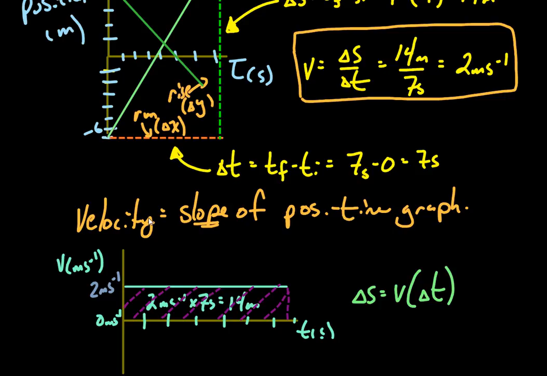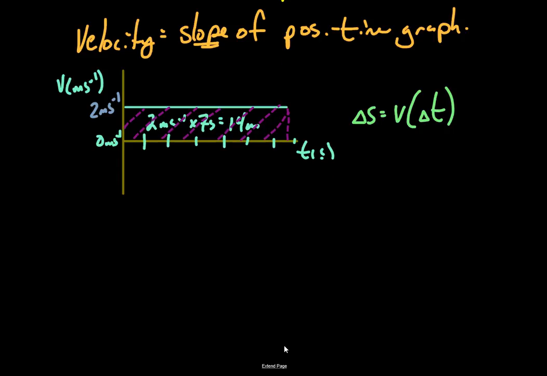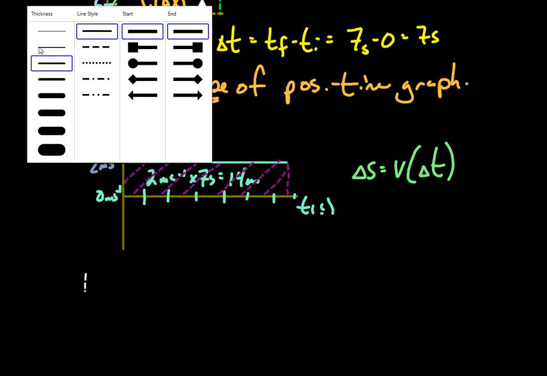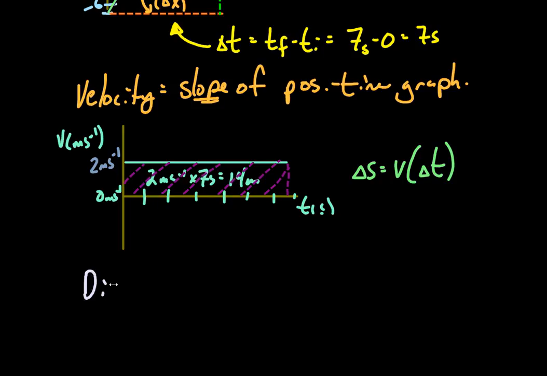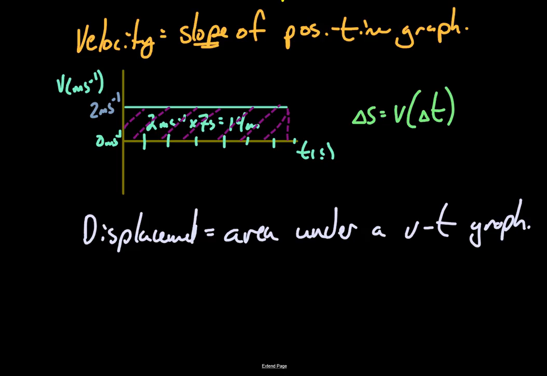So we said velocity is equal to the slope of a position time graph, and then we're going to say that displacement equals area under a VT graph. Okay, so that's review.